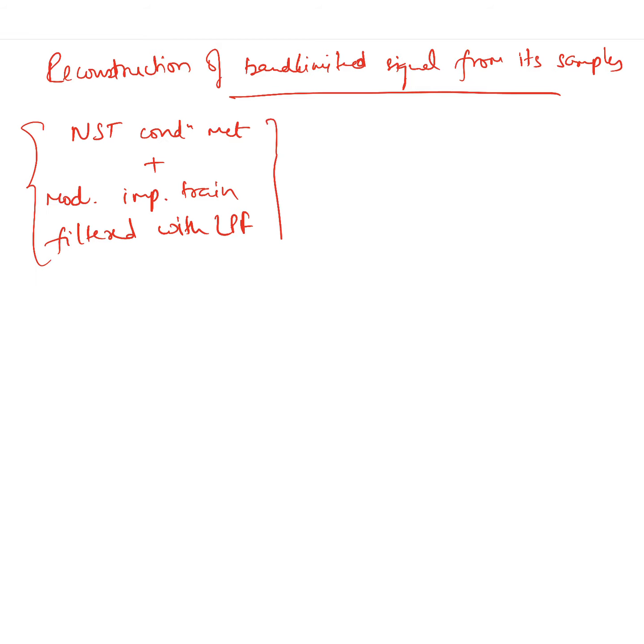If you have both these two things, then whatever output you would get, let's call it the filtered output, the Fourier transform of this filtered output would be equal to the Fourier transform of your x(t). So this is how we have seen the reconstruction of the continuous time signal from its samples, right?